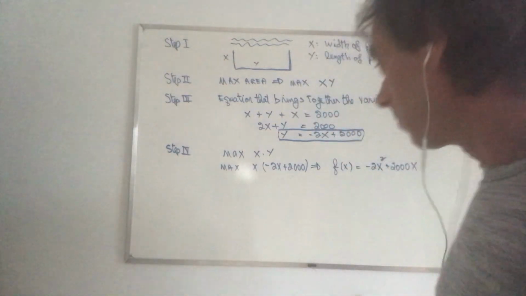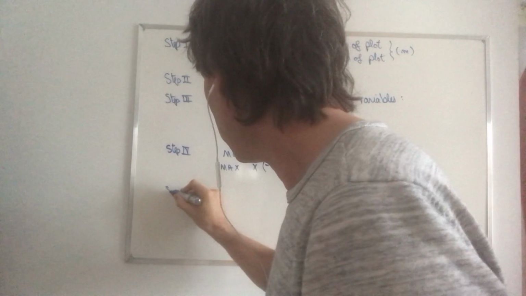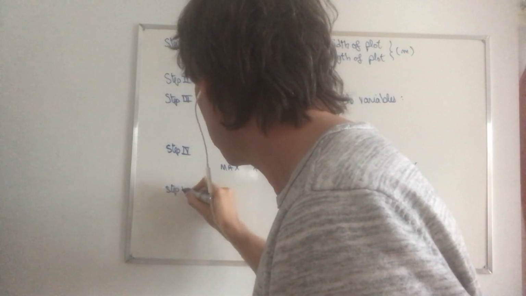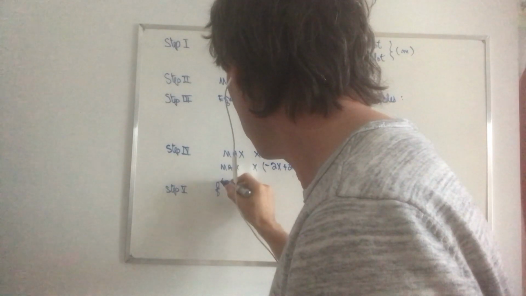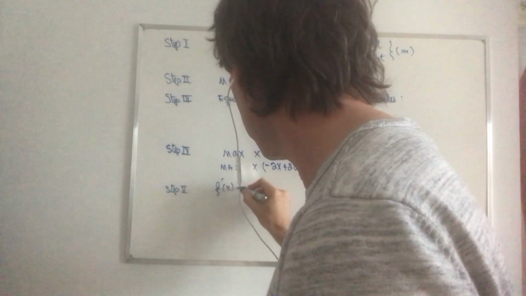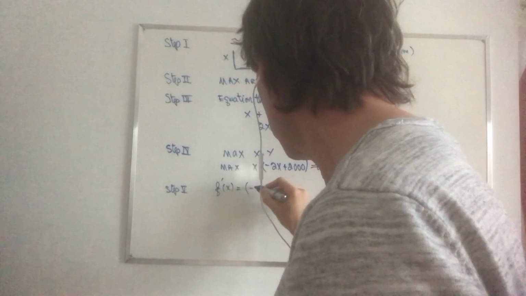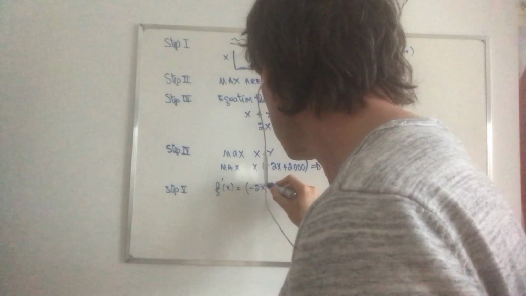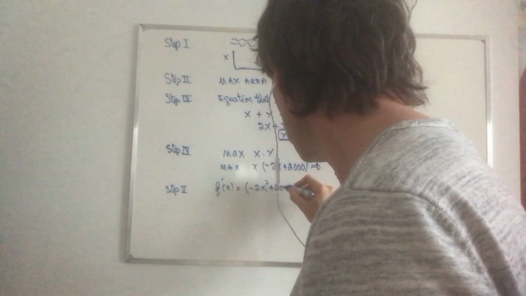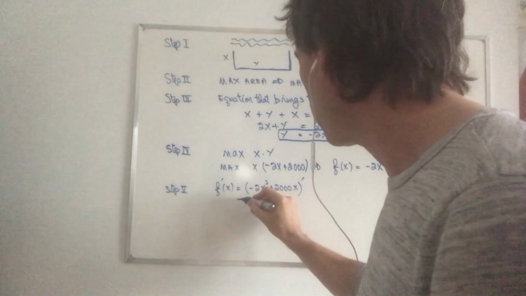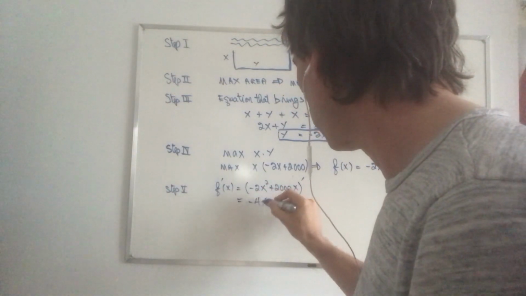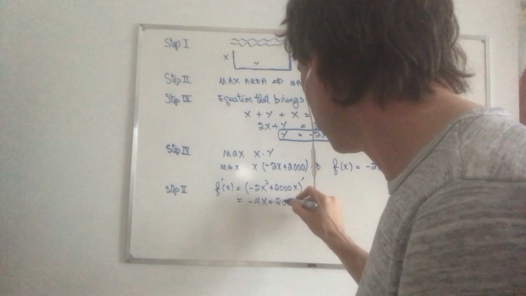Great. We're doing fine. Finally, a little bit of calculus here in step 5. We figure out the prime of this function. So we figure out the prime of minus 2x squared plus 2,000x. And what do we get? We get minus 4x plus 2,000.